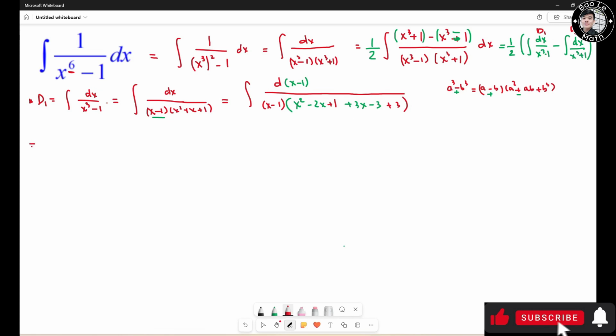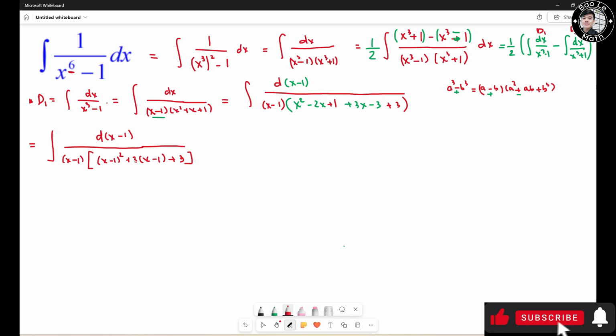Now this guy turns out to be the integral of ds, which is d of s minus 1, over s minus 1 times the first three terms, which turn out to be s minus 1 altogether squared. The next two terms right here, I just factor 3 out, so it could be plus 3 times s minus 1. And then you're going to add 3 right here.